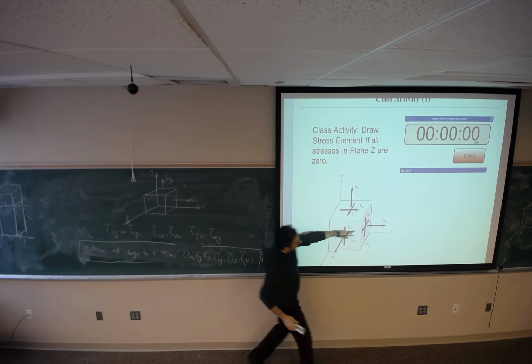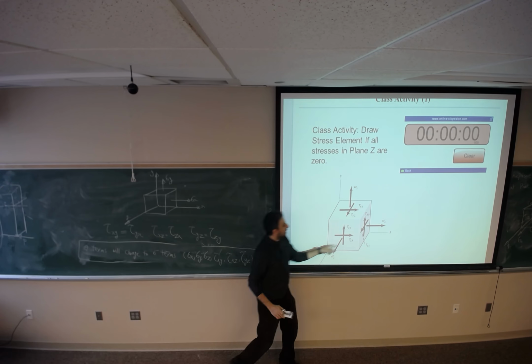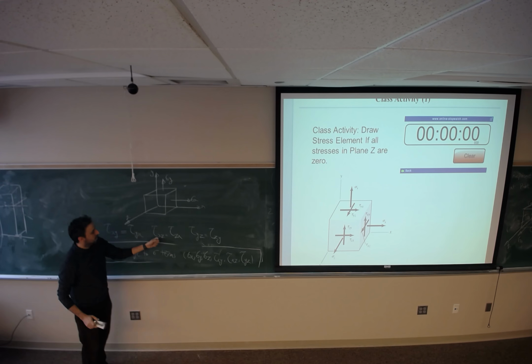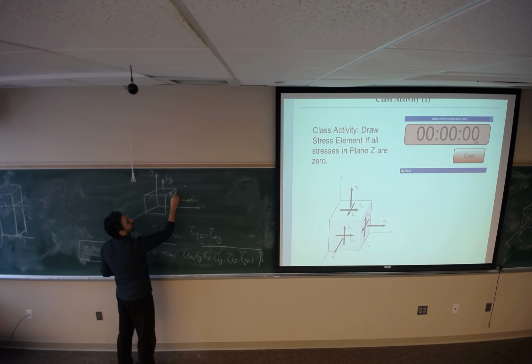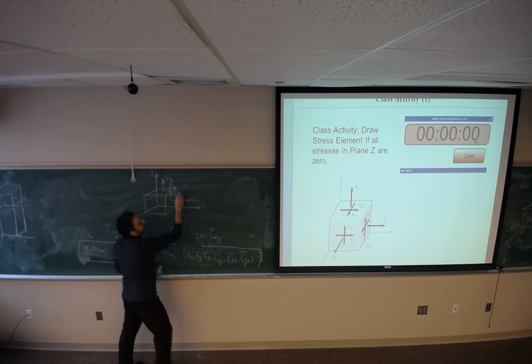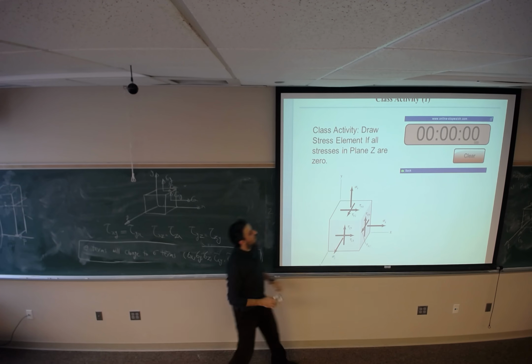Here I have tau xz in this plane. But since tau zx equals 0, this one also is going to be 0. So I don't have this one. I only have tau xy here. Similarly here, we only have tau yx. We don't have tau yz because tau zy is going to be 0.